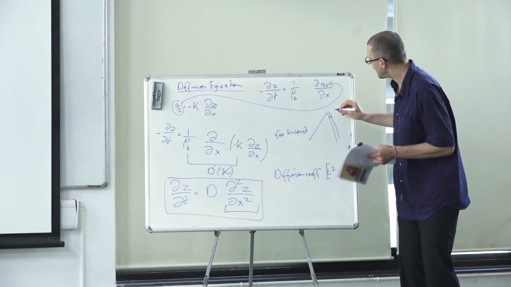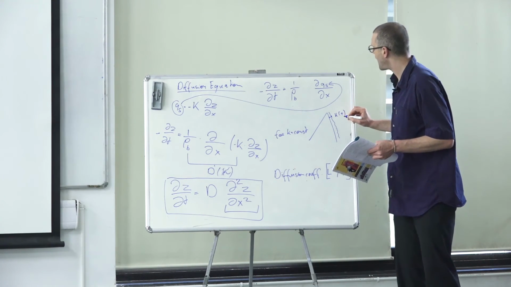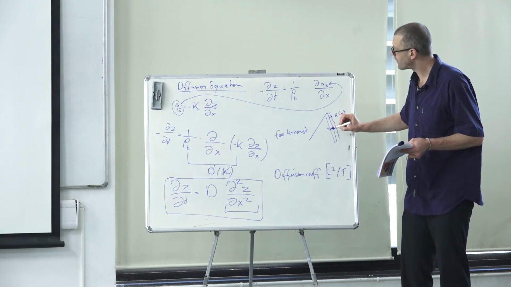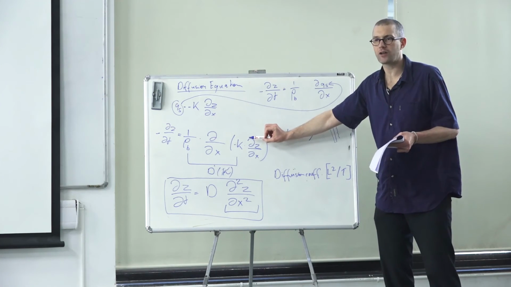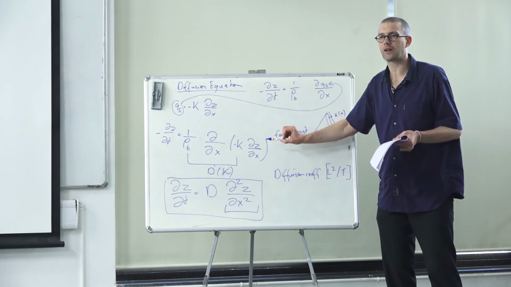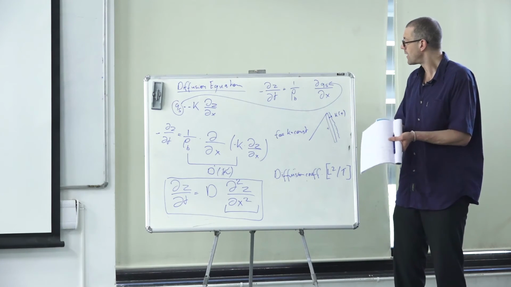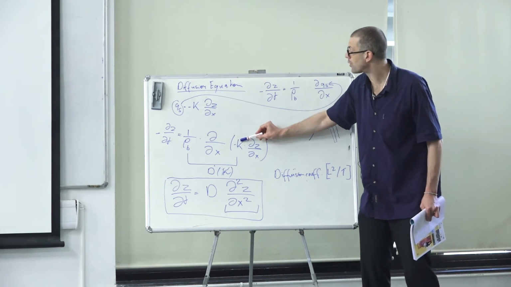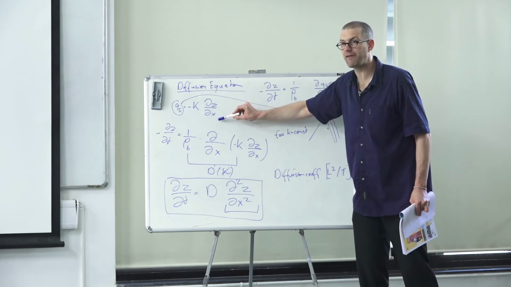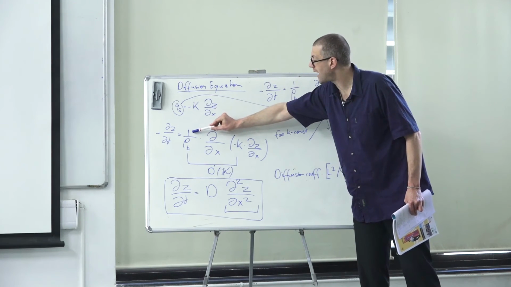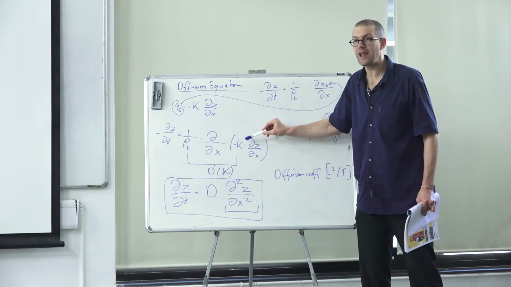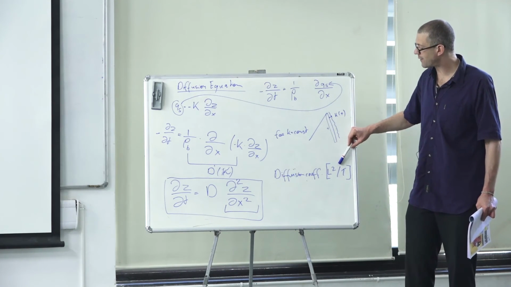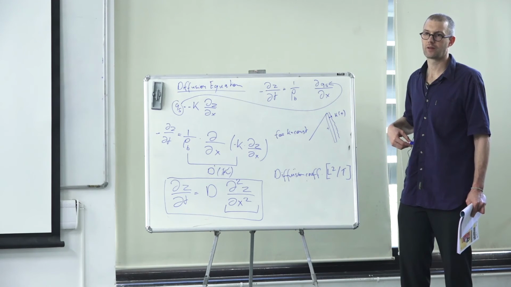But if K is a function of x, with x being along the hill slope, then integrating or differentiating this becomes more complicated, yeah? So this is why most of the time we say our soil thickness remains constant, so we can pull that K out. We can remove that K from the equation, and then we just have 1 over density times K, which then is our diffusion coefficient, essentially length squared over time. Yeah?